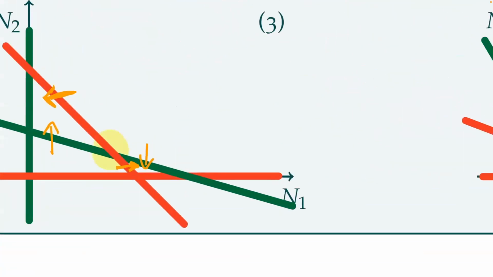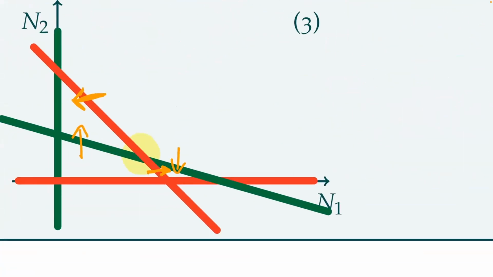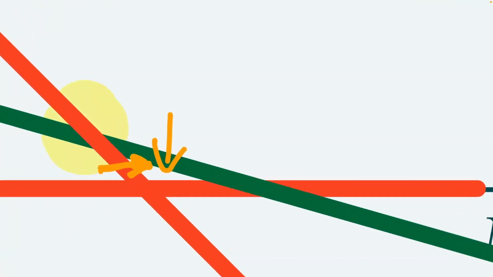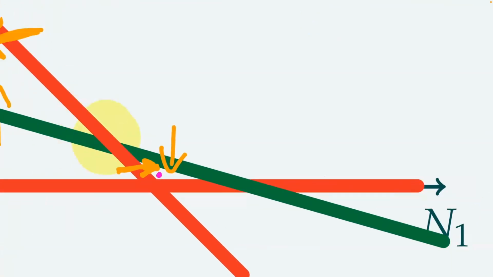So what's the stability in this case? Well, if we start off here, I'll do it in a different color. If we start off here, we're moving up and to the left, and we do so until we reach this point here. If we start down here, it's not very clear. If we start in this tiny little bit here, we're going to be moving down and to the right, so we end up moving to here.